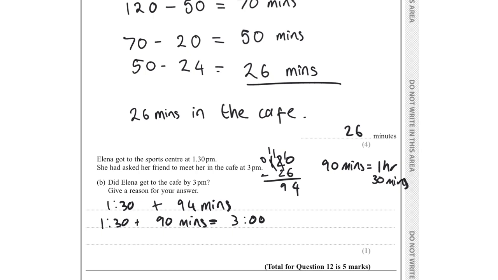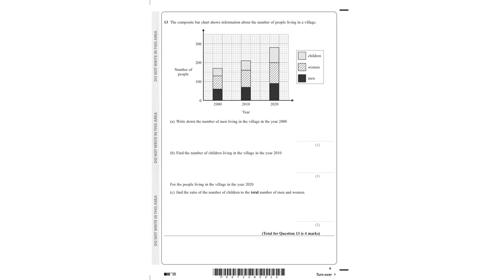Okay, but we're adding 94, so plus the 4 mins, 3:04 p.m. So no. Okay, she did not. Elena was late for her friend. How rude. Okay, that's it. Right, a little bit long to be honest for a 1 marker, but 1 marker nonetheless in the bag. Okay, we're on to the next one.